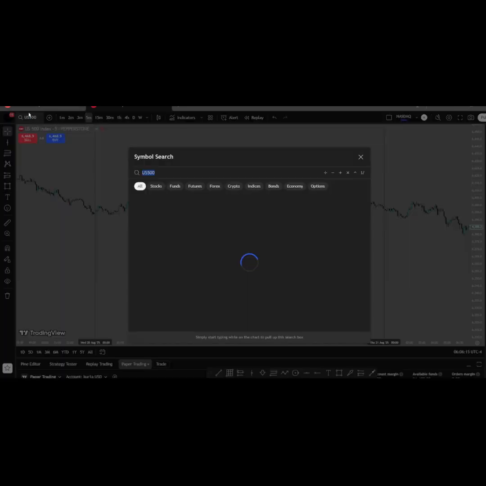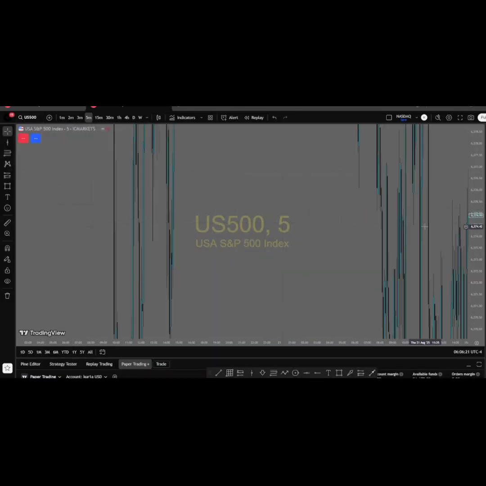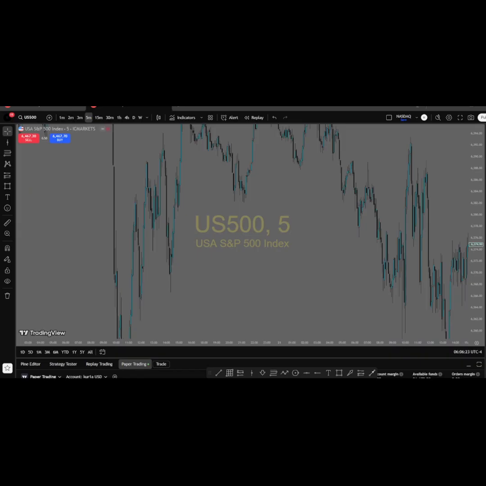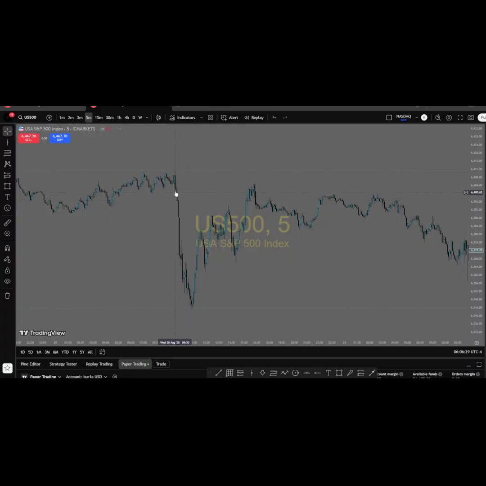Let me use another broker because that gap on that chart should not be there. Yes, that gap should be filled. So I'll mark the midnight open right there.